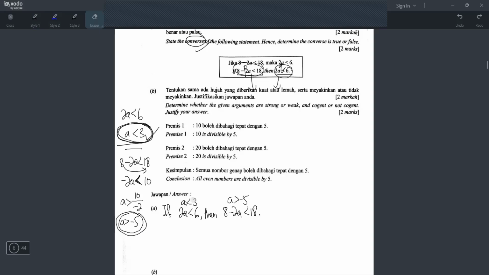So I'm not sure whether I should write true or false here, but I know the scheme says true, right? But to be honest, I really don't know whether it's true or false, because I don't think you can determine the true value for this and this, right? Because it's not even a statement. If you just look at it separately, you don't even know whether it's true or false, because it's not a statement. Same with whatever at the back here.